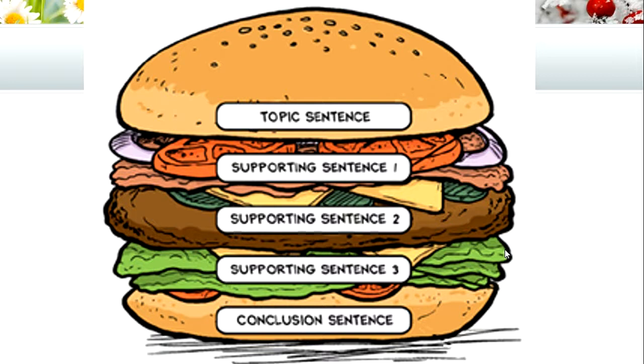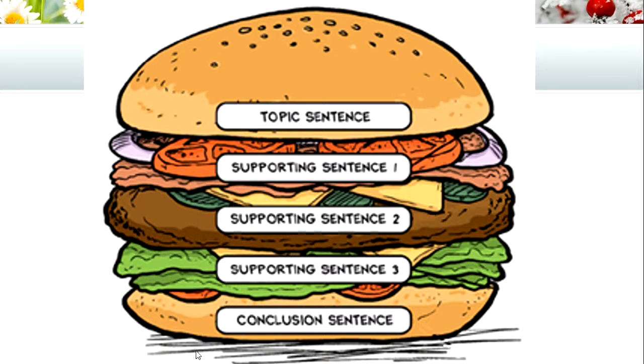Therefore, the supporting sentences should be in accordance with the topic sentence. If the topic sentence talks about the good aspects of Yogyakarta, then the supporting sentences should also elaborate the good aspects of Yogyakarta in terms of people, food, prices of things, and many other aspects.